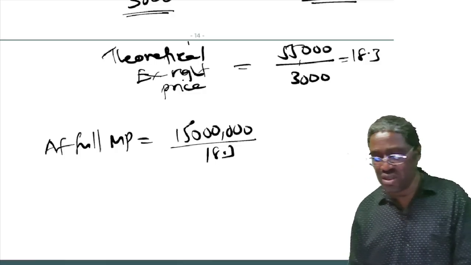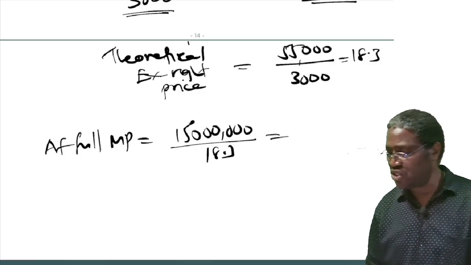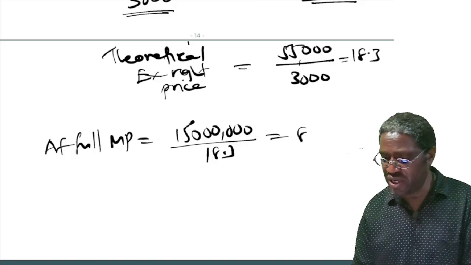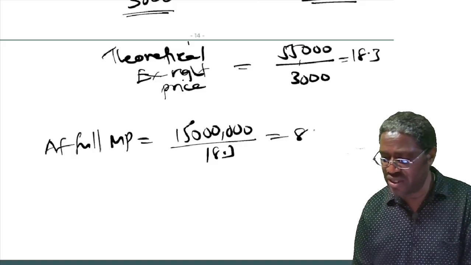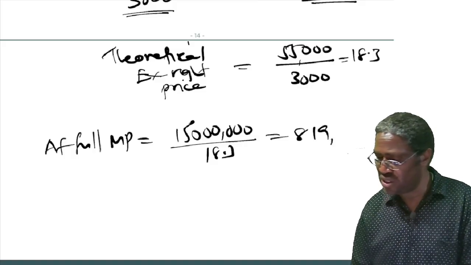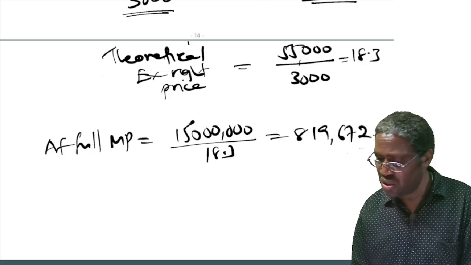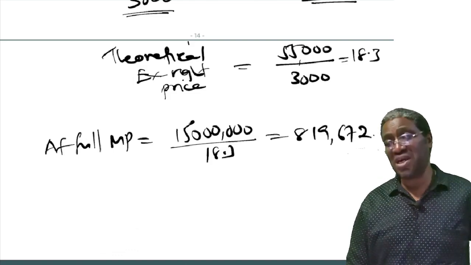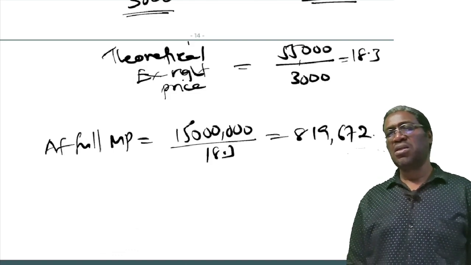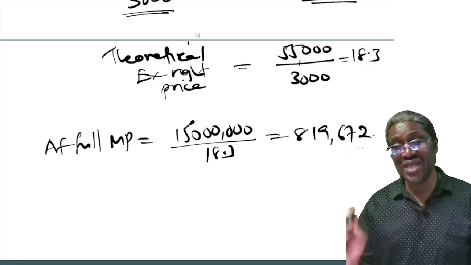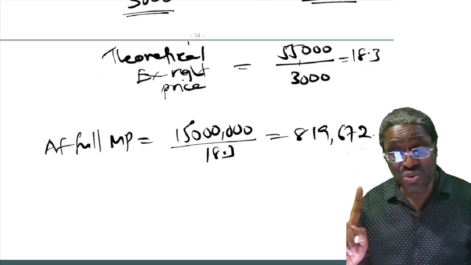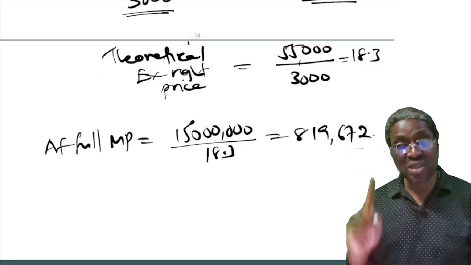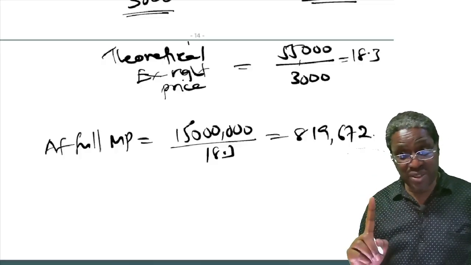I'm rounding off my shares. It will be 819,672 shares. These 819,672 shares are the ones deemed to be issued at full market price.